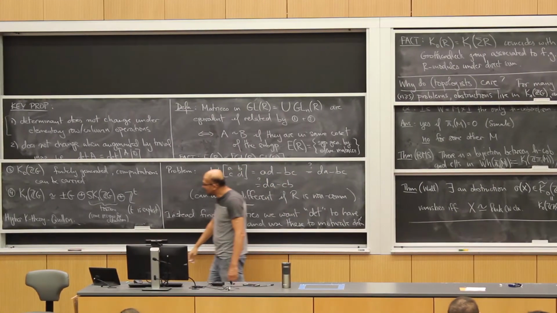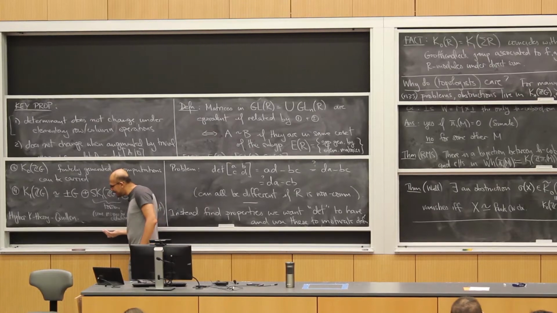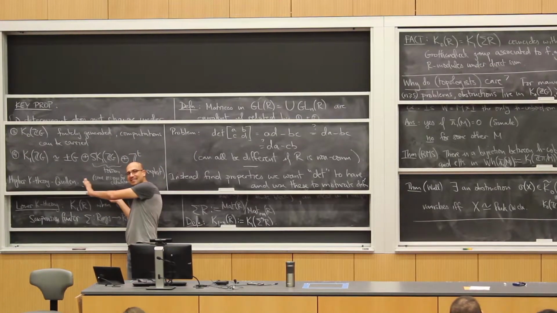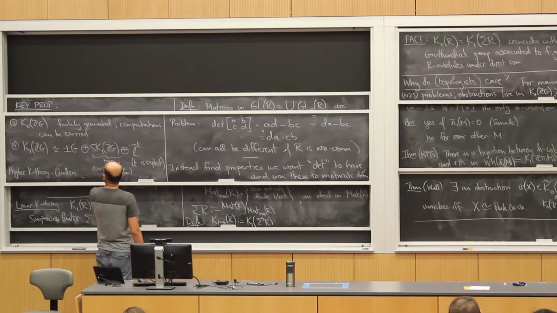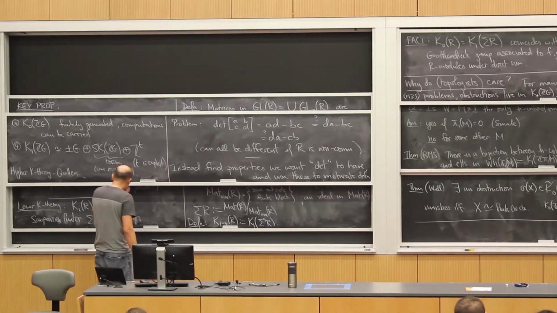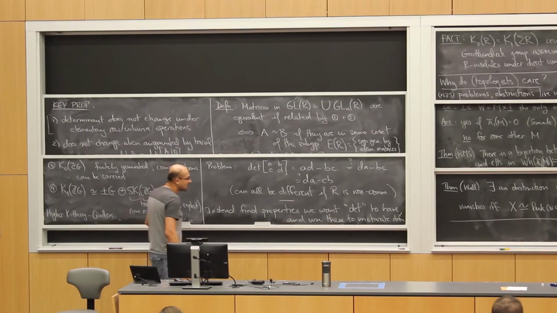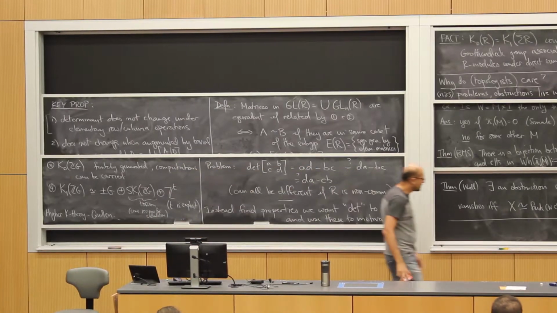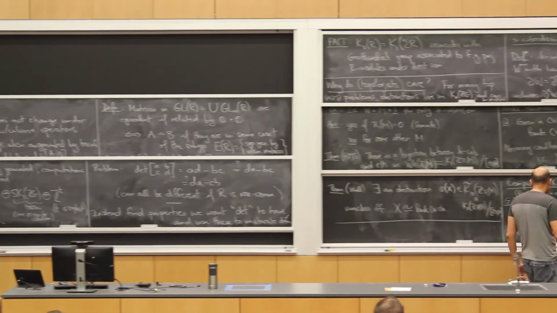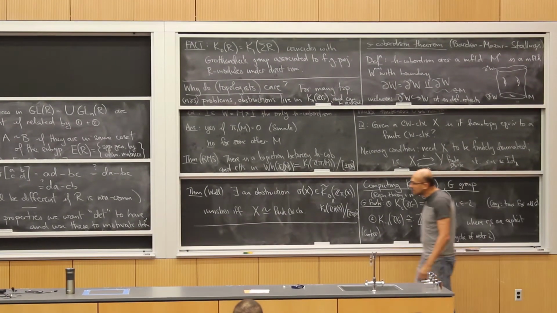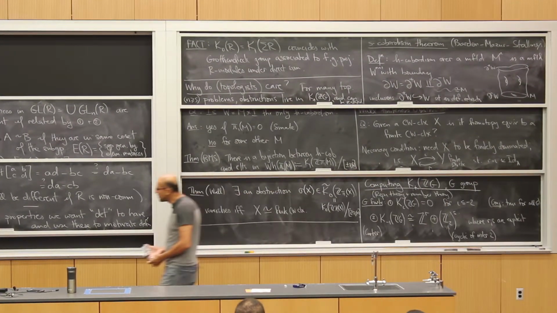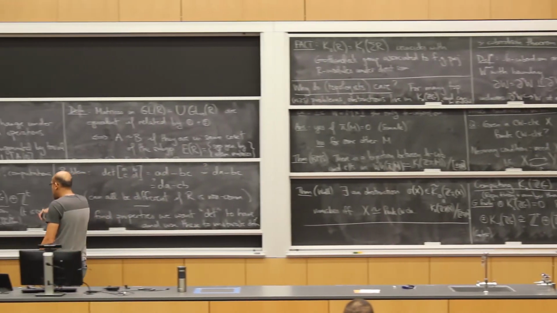But I won't discuss that at all, other than saying it exists, but it's much more complicated. Okay, right. So this is the state of the case when G is finite. And all of this is scattered work by various people over many years.